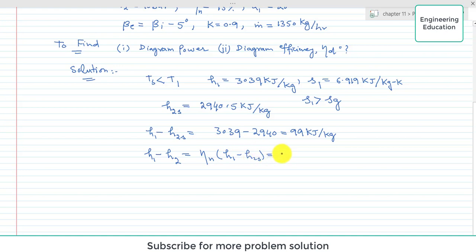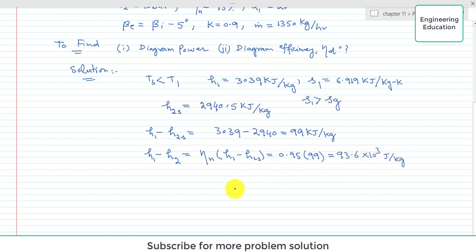So nozzle efficiency is 95%, which is 0.95, and the value of H1 minus H2S is 99 kilojoule per kilogram. From this we get 93.6 into 10 raised to power 3 joule per kilogram, or 93.6 kilojoule per kilogram.